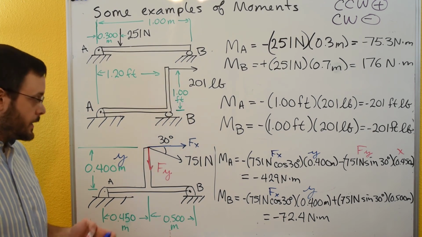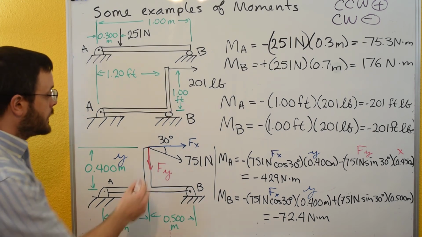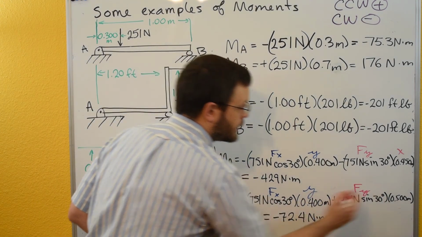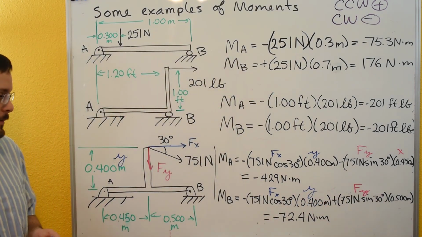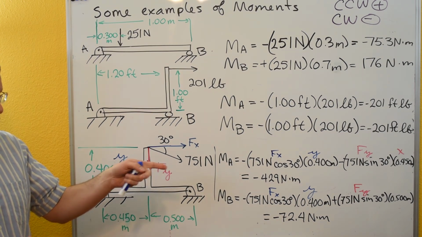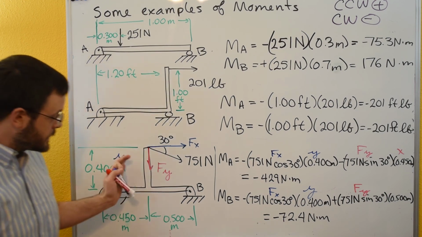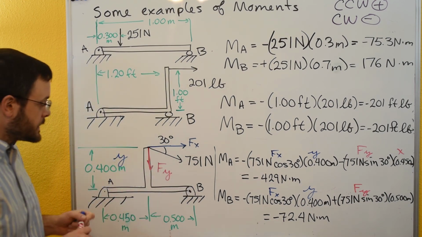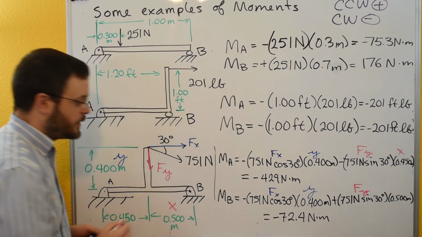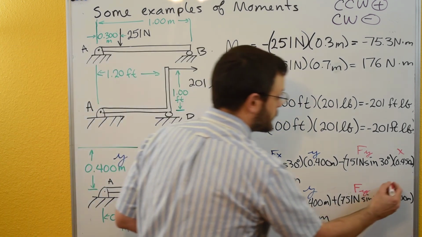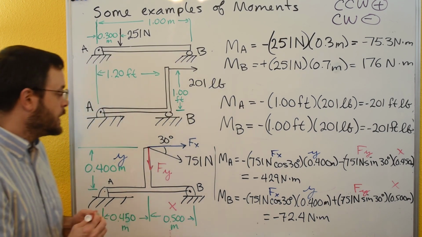And then let's look at our Y component. So we've got Fy. Fy is still F times sine of theta, so still 751 newtons times sine of 30. And then we need to multiply that by our X distance over to B. In this case, now the 0.5 is going to be our X distance over to B. We need to figure out positive or negative sign.